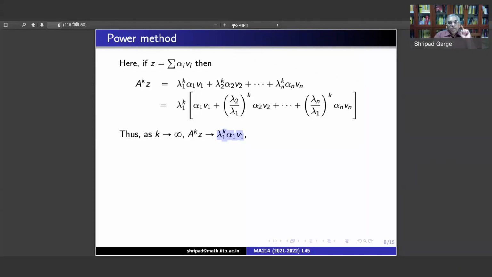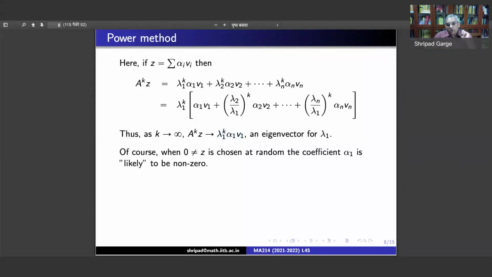Okay, but there is one small problem, which is that the vector z you started with may not have a contribution from v1. You started with a random vector, and this random vector will be perhaps a linear combination of v2, v3, ..., vn. The v1 may not show up there, which is to say that alpha 1 may be 0.